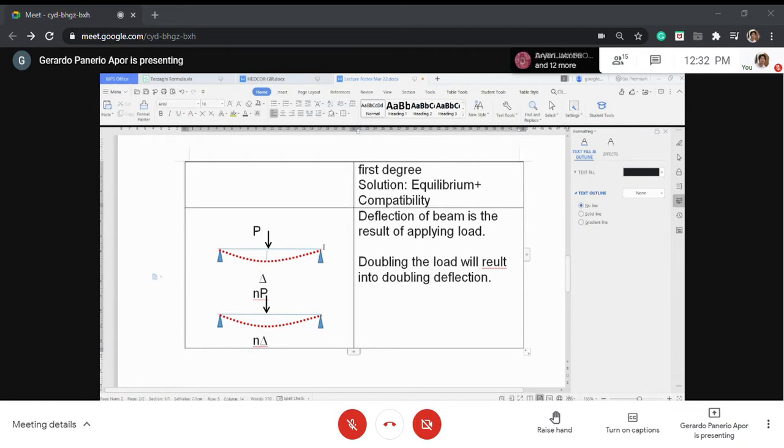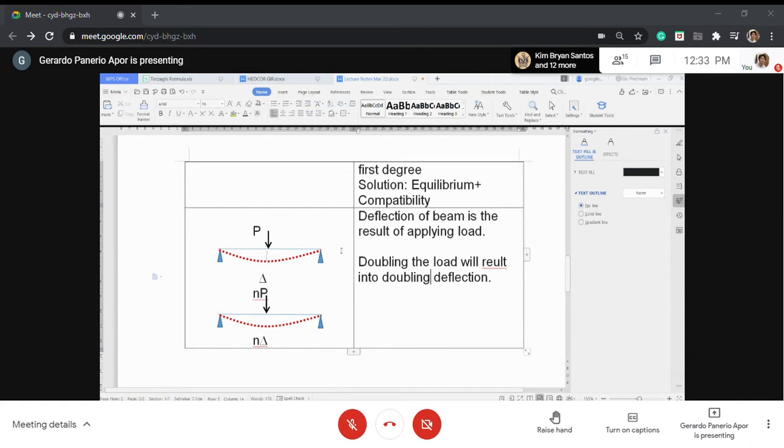But if you make the section bigger, the product of elasticity E and I will become larger also. That's why you have a very small deflection, because EI is found in the denominator of the equation for deflection. So the bigger the EI, the smaller the deflection.